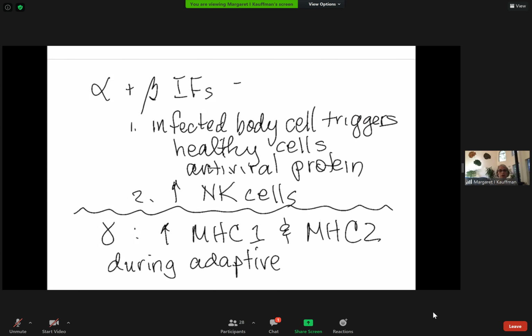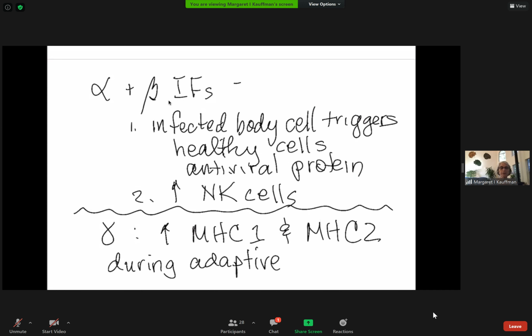But there is a broad spectrum of these as well. And the book only really focuses on this effect. But some of these change inflammation. They have other effects that the book doesn't really go into. And I think whatever's in the table is what I would want you to know.